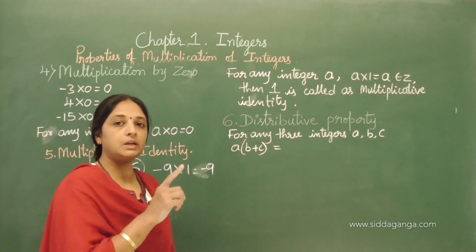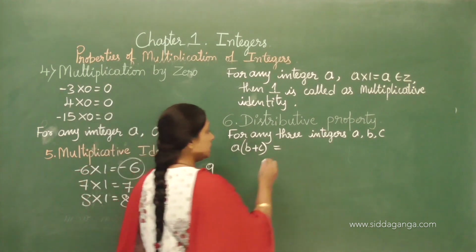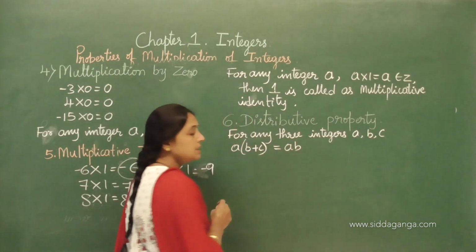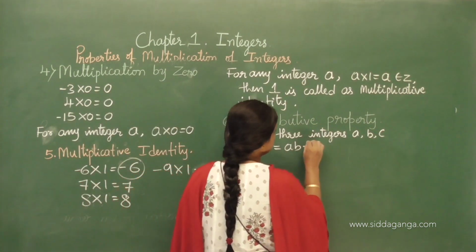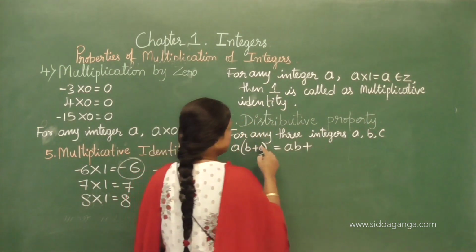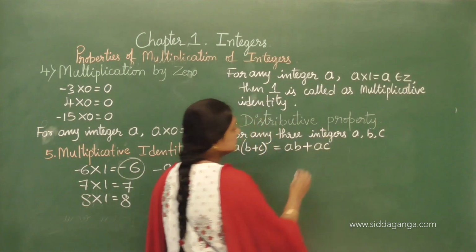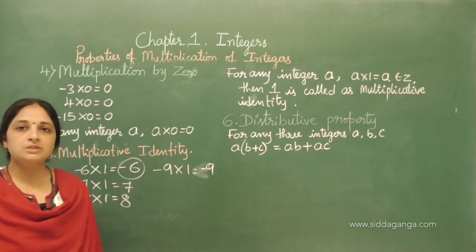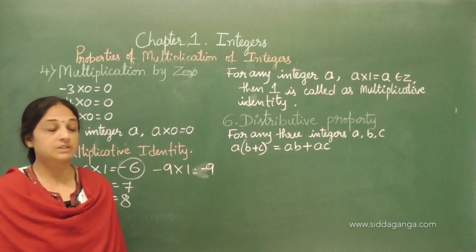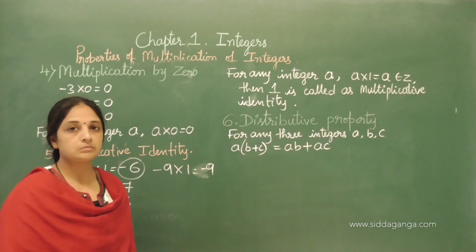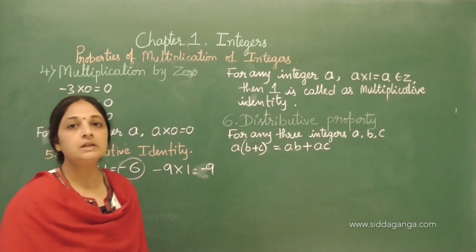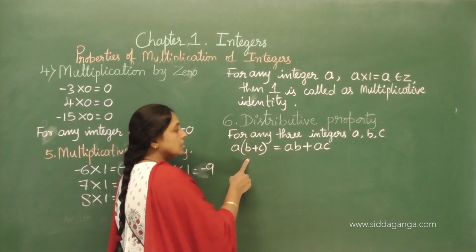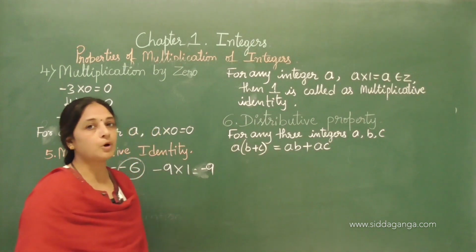When we multiply a with b, we get ab. Then we put plus, and a into c is ac. For integers we can multiply the numbers; here we can't multiply them, so we keep it like this: ab plus ac. So this is the rule for the distributive property.